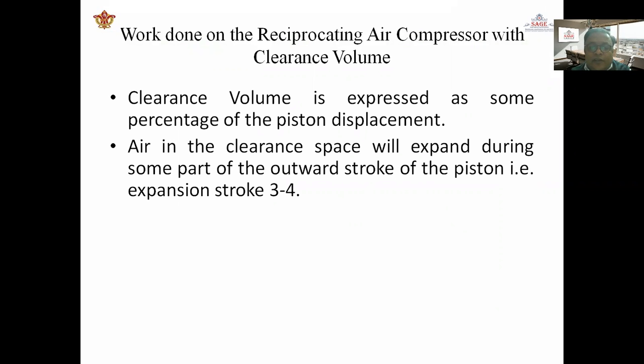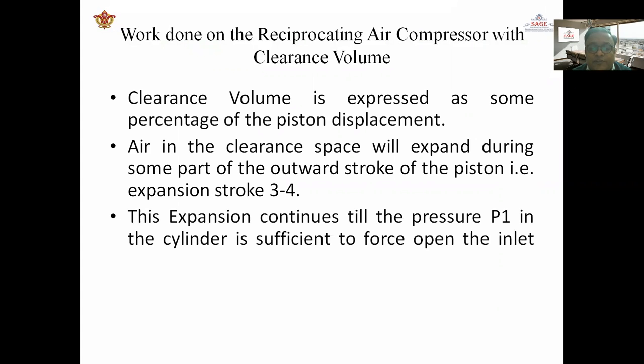Air in the clearance space will expand during some part of the outward stroke of the piston, which is called the expansion stroke 3 to 4. This expansion continues till the pressure reaches P1 in the cylinder, which is sufficient to force open the inlet valve at point 4. So this is the diagram where the clearance space is depicted.